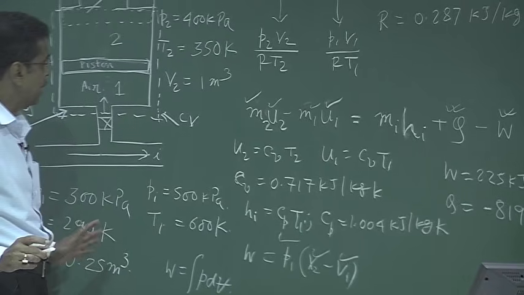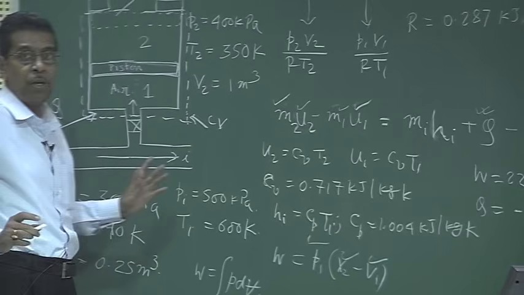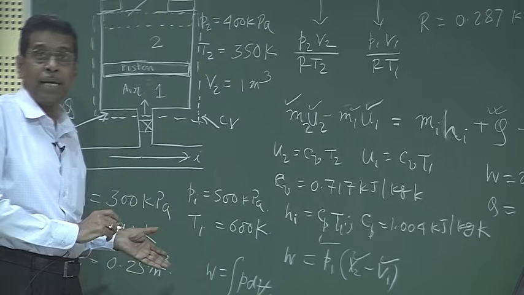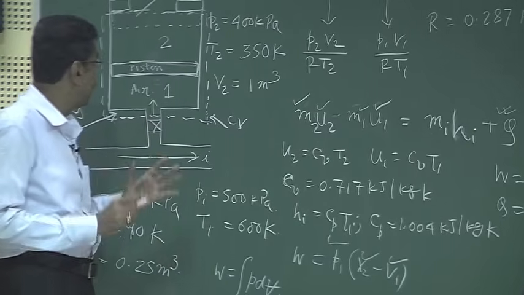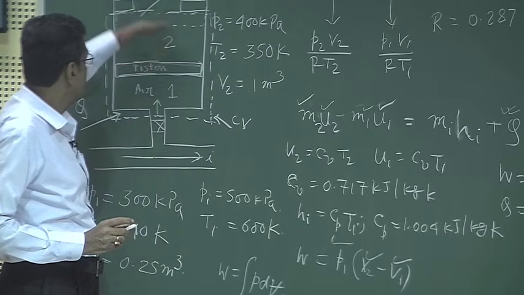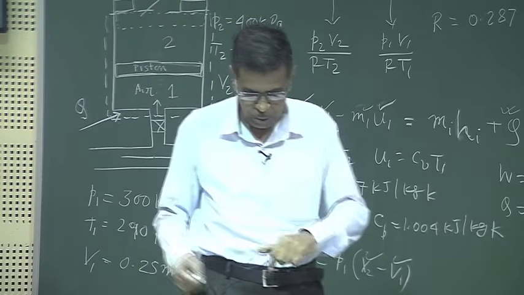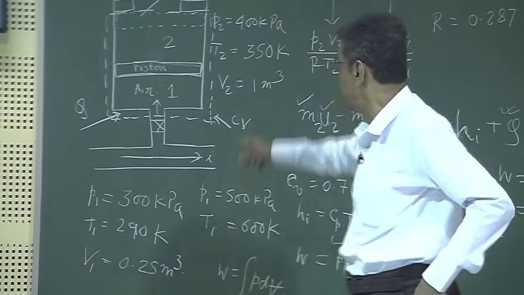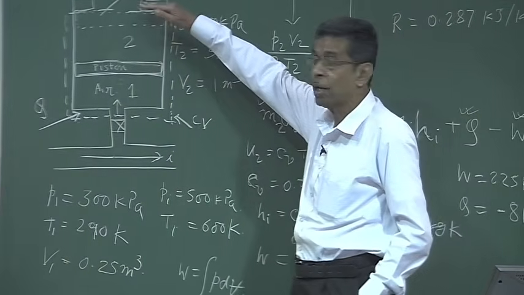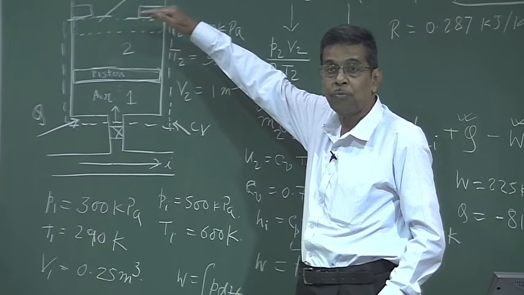Okay. So here we see the difference from the earlier problem: there was a turbine work, instead here there is a piston expansion, that PdV work. The more important concept through this problem is that even in an open system we can have PdV work. PdV work is not only for a closed system.